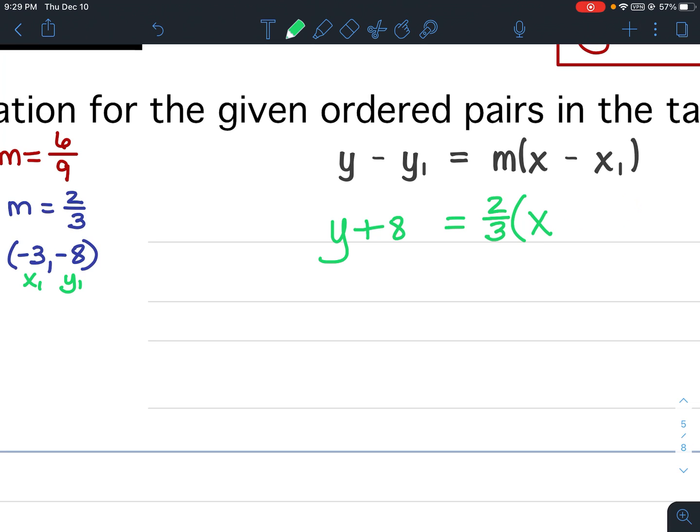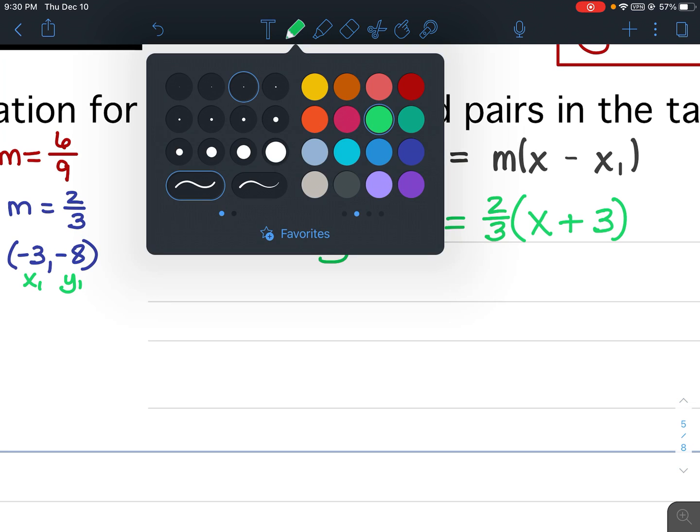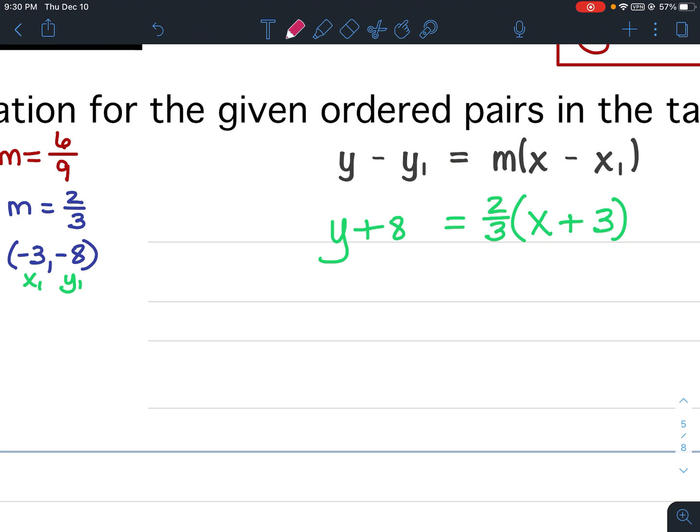Or again, you could think of it as the opposite of -3 is +3. I don't like double signs, so I'm going to try to avoid those at all costs. If you did have the double signs, then you would want to take a moment and rewrite it with positives. The double negatives would become positive, like I have it here.